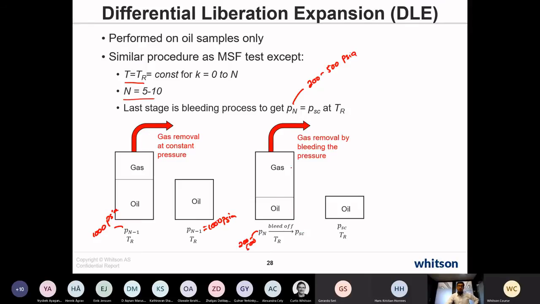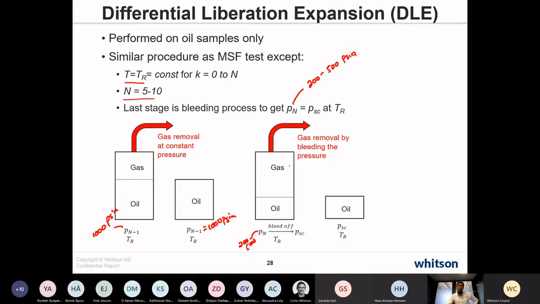So that's why you need to do some kind of bleeding. At constant volume, which is the maximum cell volume, you just open the valve and continue to bleed off the gas.